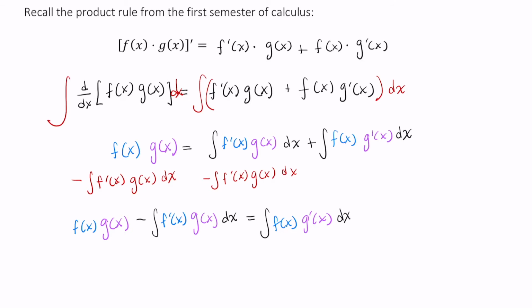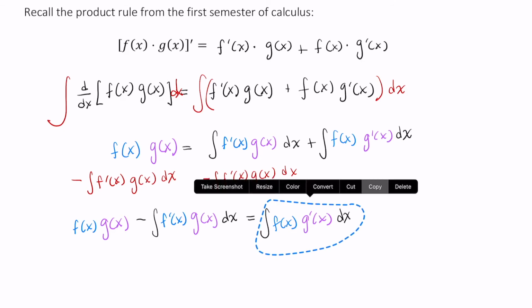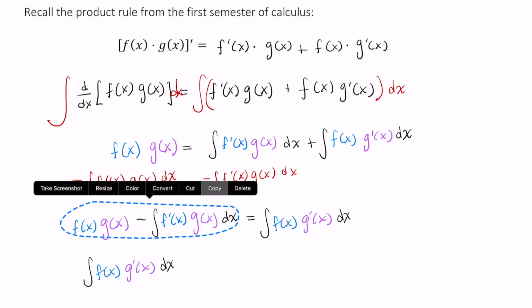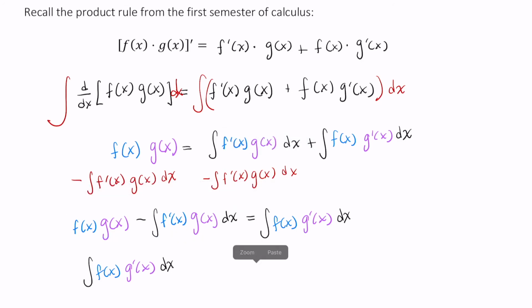So what you see in front of you is actually how we use integration by parts to rewrite certain types of integrals. And let me rewrite this one more time, and I'm going to show you what I'm doing. I am going to rewrite this so this piece is on the left and this piece is on the right, and you'll see why in a second.